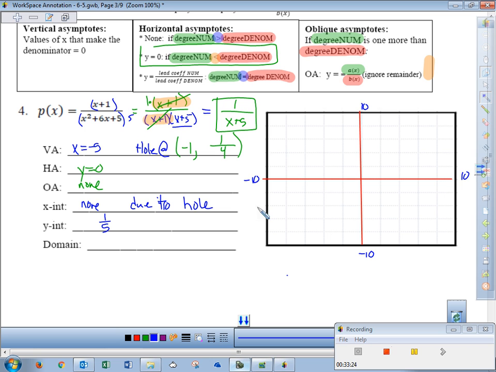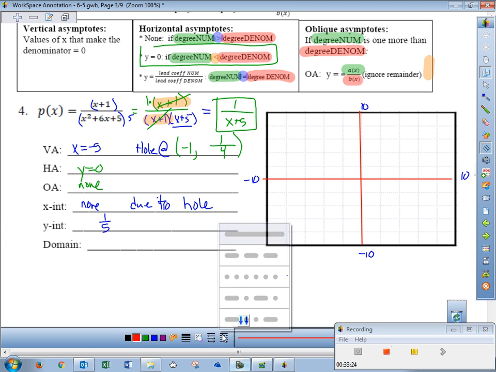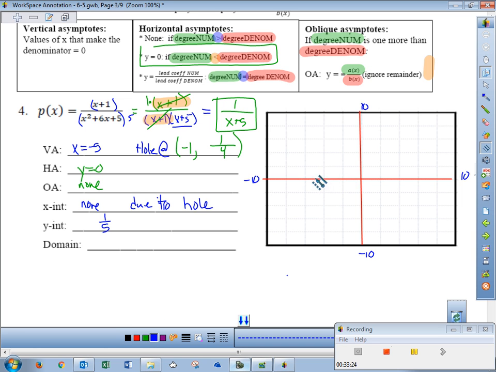Next thing I want to graph is all my asymptotes. I have an asymptote at x equals -5. Again, the scale is counting by 2s, so you have to split the difference here. This is 2, 4, 5. Right in the dead center of that. There's a vertical asymptote at x equals -5.